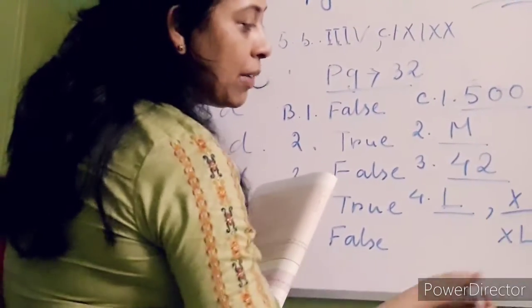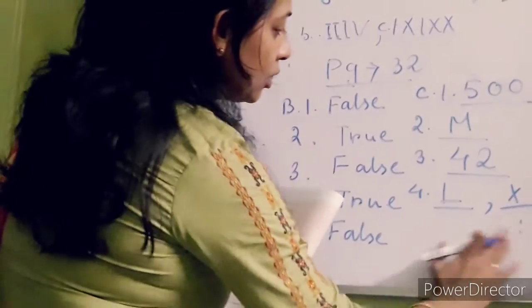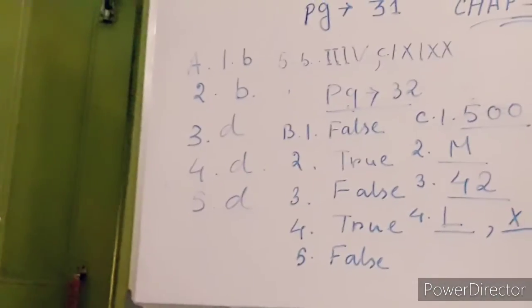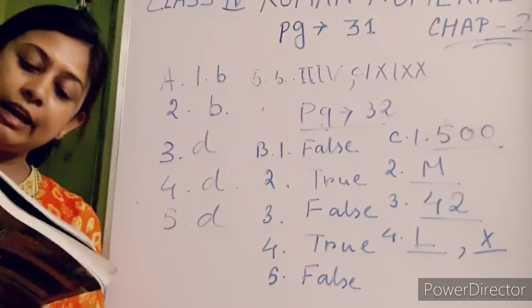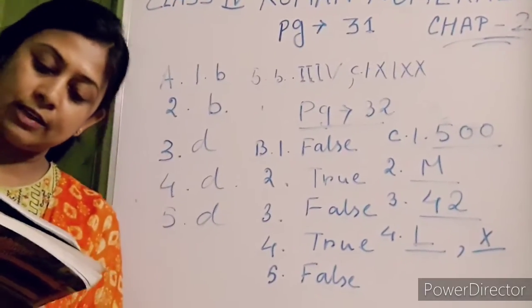It means 50 minus 10, 40. So the answer is XL. Writing X before L means 50 minus 10.